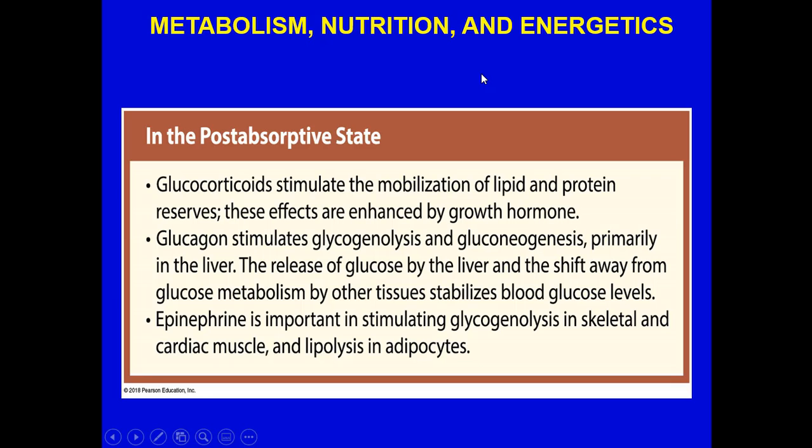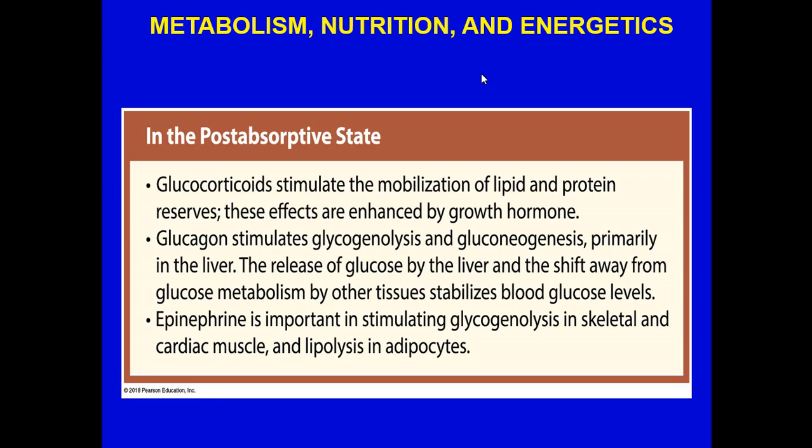Glucocorticoids are going to stimulate the mobilization of lipid and protein reserves. These effects are enhanced by growth hormone. Glucagon will stimulate glycogenolysis and gluconeogenesis, making new glucose, breaking down glycogen. Primarily, this occurs in the liver, and what you're going to do is release a lot more glucose by the liver for the rest of the body.